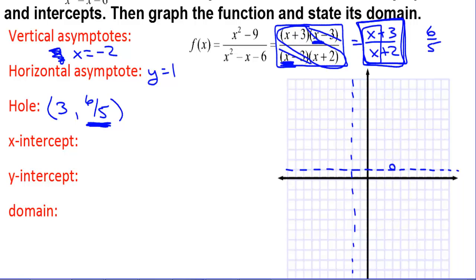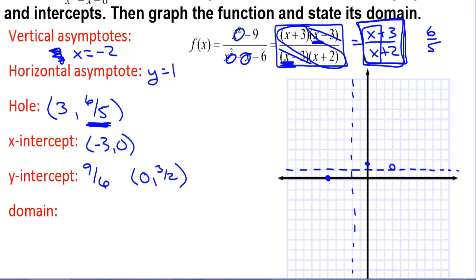X-intercepts, that's what makes the top 0, so negative 3, 0. A y-intercept, that's what you plug zeros in for the x's. So we get 9 over 6, or 3 halves. So 0, 3 halves, 0, 1 1/2, about right there.